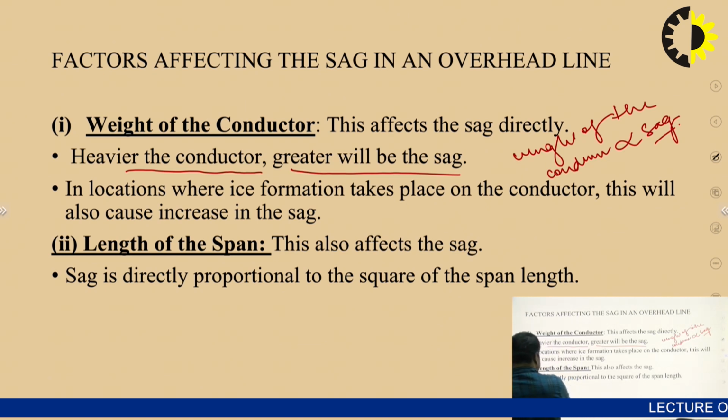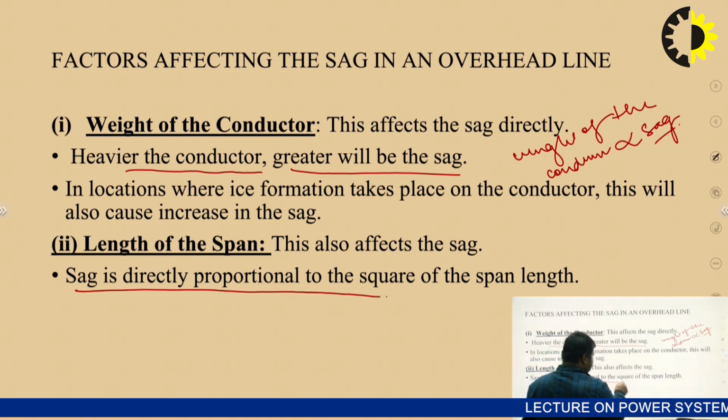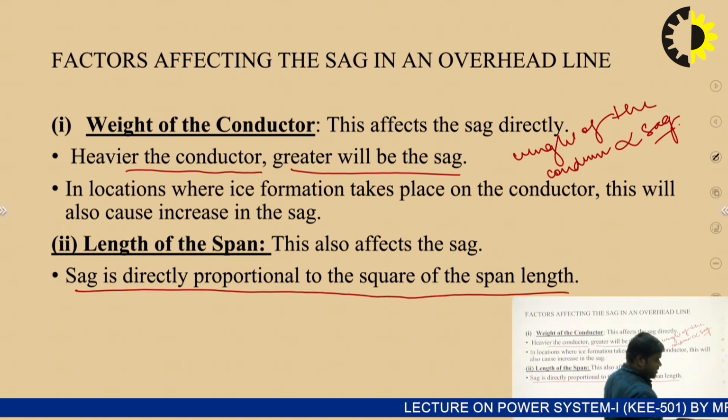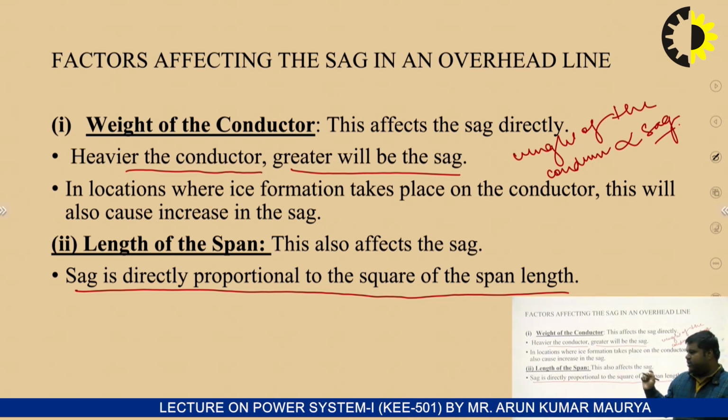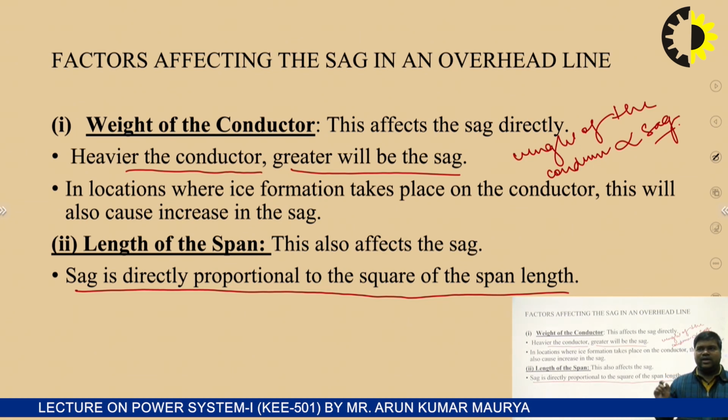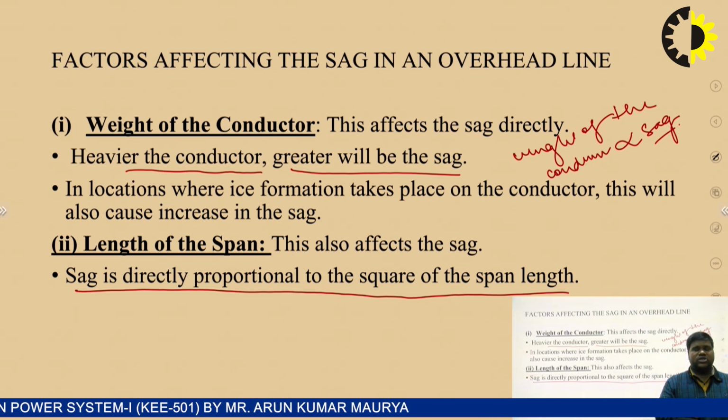Sag is directly proportional to the square of the span length. This is a very important and crucial point for third year and final year students related to questions on power system transmission and distribution.